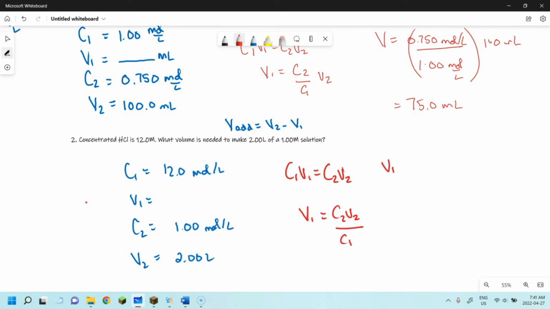Then we can substitute in our values, and we can get our volume.